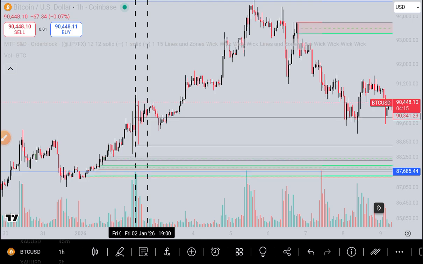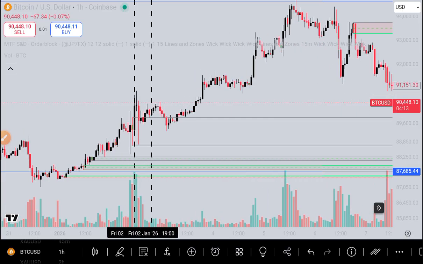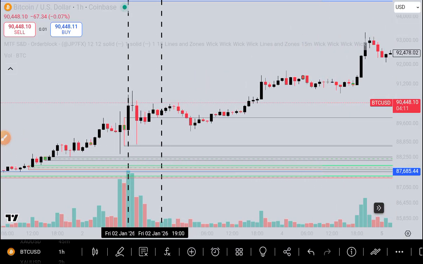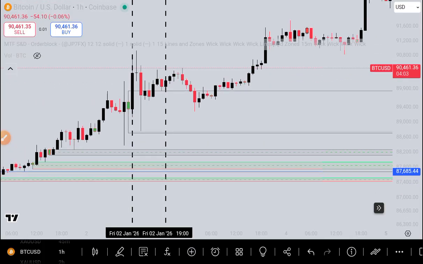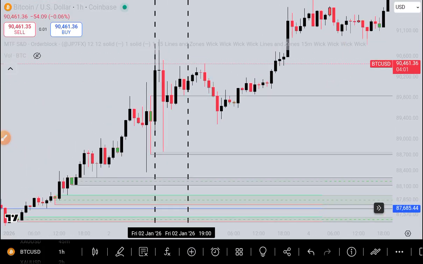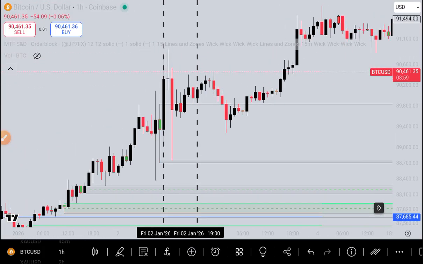Let me close the volume so that I don't distract you from the main point. So we've come right into that 4 hour candle, and we've come down to the lower time frame.